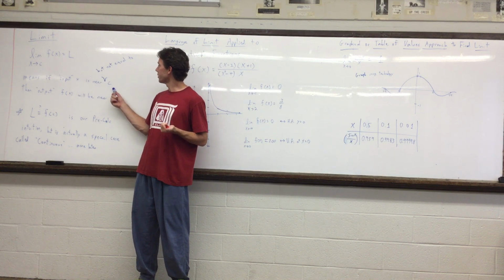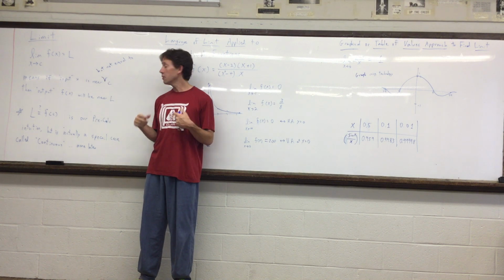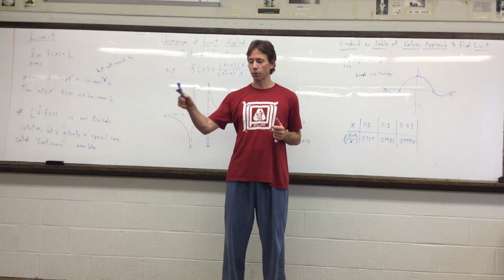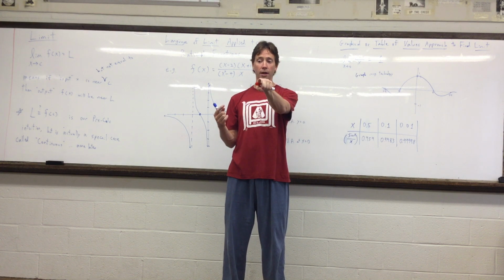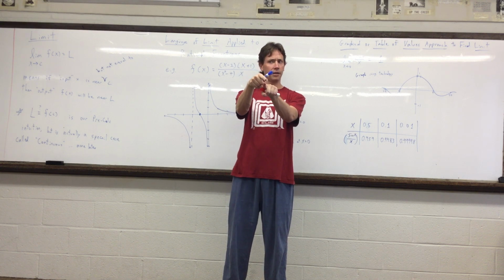Okay, so, well, what do you mean? If the input is near c, then won't the output just be near f of c? That's what our pre-calc intuition says, at least, right? Most functions, if you look at the graph, it's some smooth curve. And so if there's a point on the curve at c comma f of c, then when the input is near c, the output should be near f of c, right?